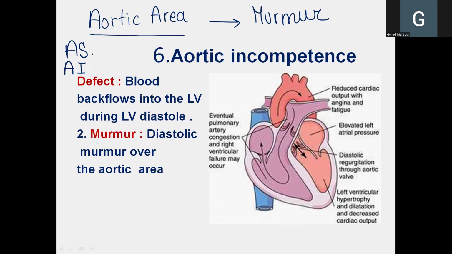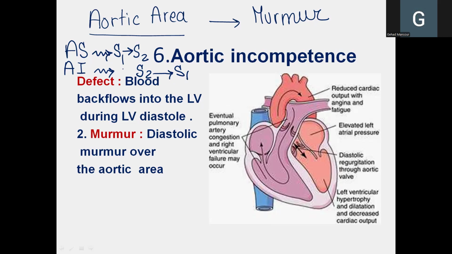If it is a murmur of aortic stenosis, then it occurs during left ventricular systole, so it will be between S1 and the next S2. But if it is due to regurgitation, it will be a diastolic murmur, and therefore it will be between S2 and the next S1.